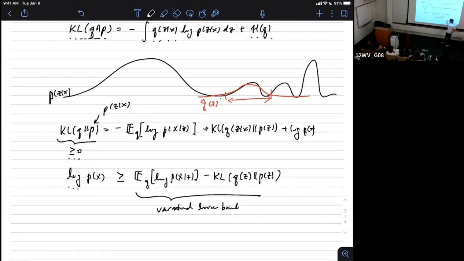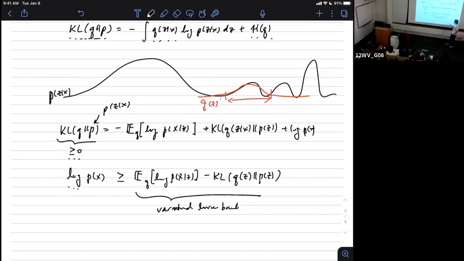So what that means is that we try to find Q by maximizing this term, this variational lower bound, which indirectly implies that we're directly minimizing this KL divergence. So we're finding the Q that is really similar to the true posterior distribution.